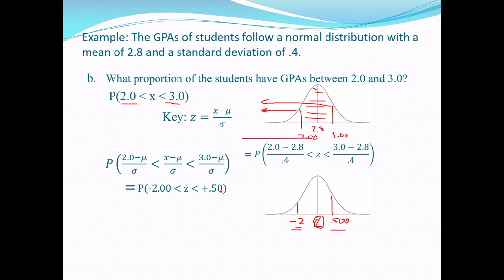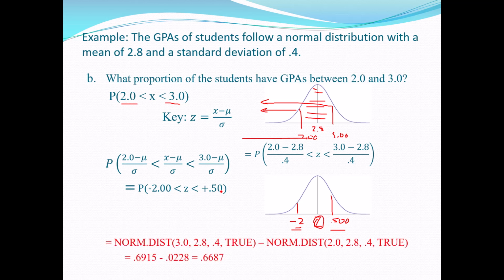Or I can skip some of that and just go right to Excel. I can do the normal distribution function. I can say, I want the cumulative probability below the 3.00. That's the GPA, that's the mean, that's the standard deviation. And then get rid of the cumulative probability for the other one.